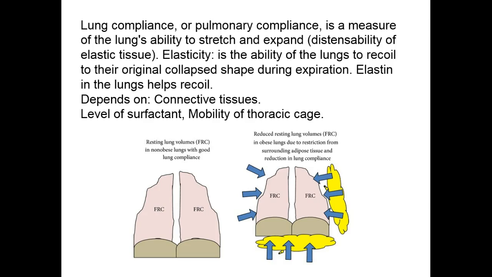And then furthermore, lungs have this compliance. We talked about this a little bit already: compliance is a measure of the lung's ability to stretch or expand. If you go back to remembering about the thoracic cavity, remember the lungs are covered by the visceral pleura.